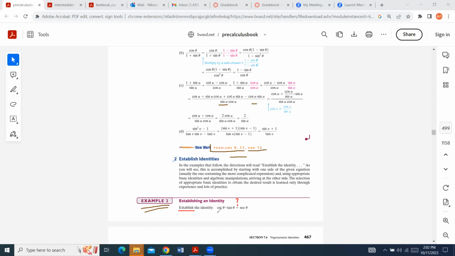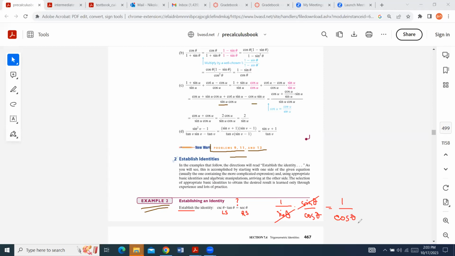And for that, I can start on the so-called left side and rewrite cosecant as 1 over sine of angle theta, and tangent as sine divided by cosine. So I just use definitions of these two functions. So when we write them in a form with sines and cosines, then I can actually cancel and notice that my right side of this identity, which is a secant, is exactly what I just produced.